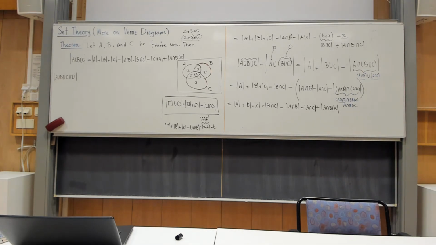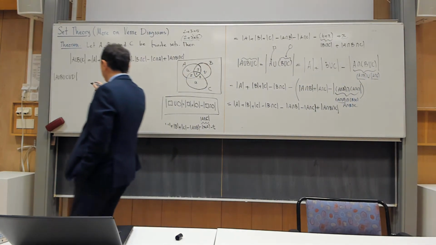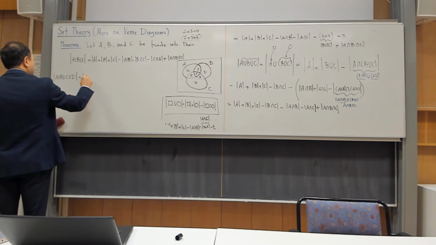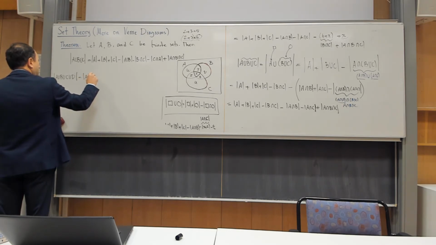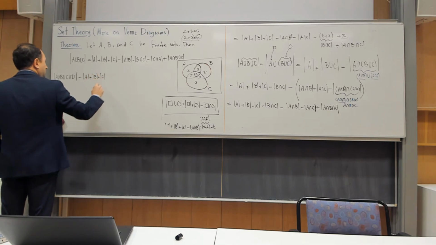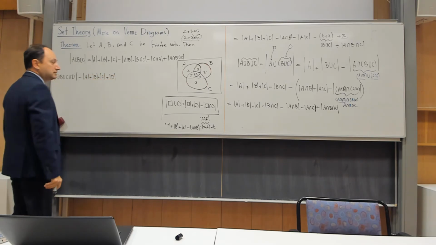Yes? Cardinality of A plus cardinality. This is clear, yes? At least the first few terms are clear. Cardinality of A plus cardinality of B plus cardinality of C plus cardinality of D. And then?